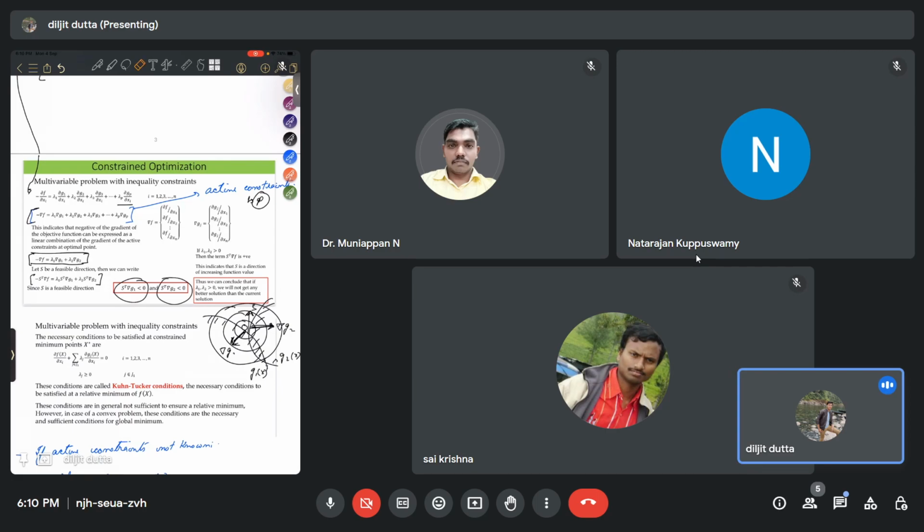That is, the angle between them is greater than 90 degrees. So if these are less than 0, S is a feasible direction, and if lambda 1 and lambda 2 are greater than 0, in that case the term S transpose del F is positive.